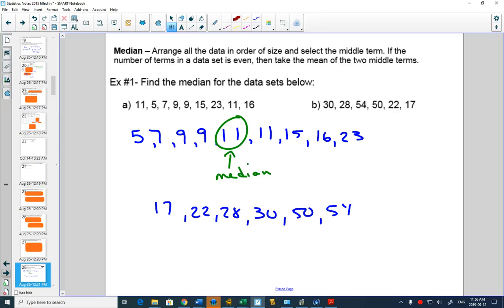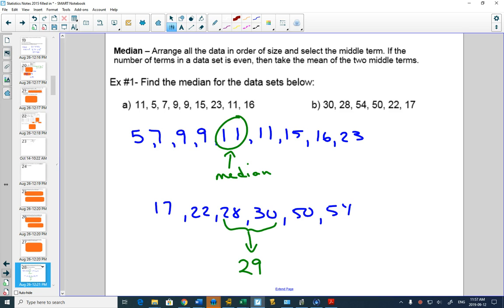If I choose 28, there's 2 to the left, 3 to the right. So in this case, the median becomes the average of the middle 2 values. How do we find an average? You could add those 2 up and divide by 2, or maybe you can just look at it and say, I know the average between 28 and 30. Our median is 29.